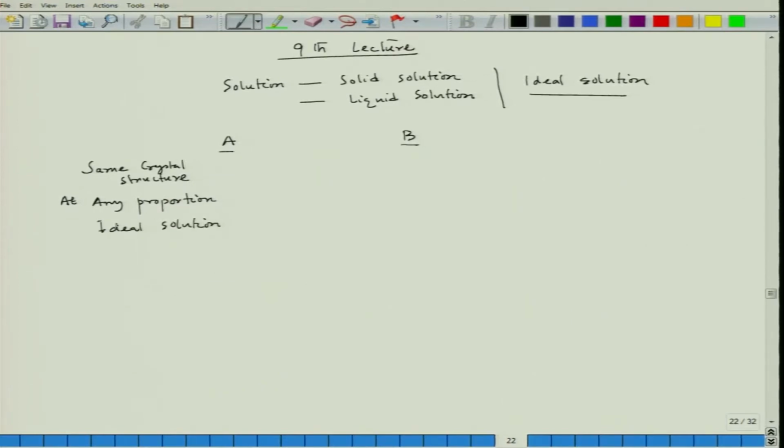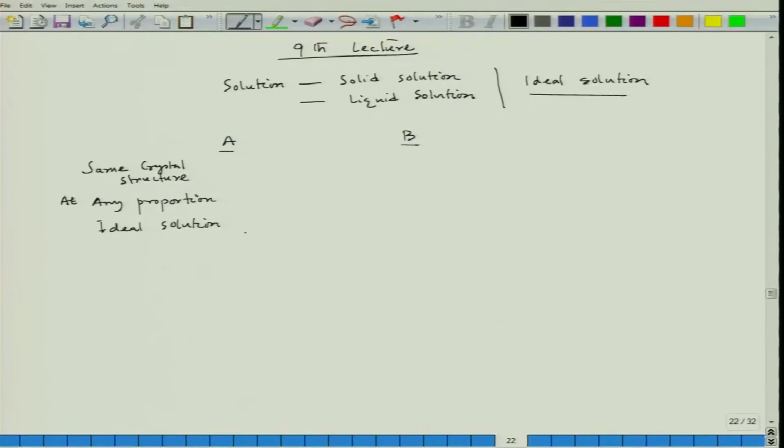Whether it is solid or liquid does not matter, but the entire concentration range will form ideal solution, which is a kind of crude assumption which cannot be true, but since we are dealing with ideal solution, for the simplicity aspect of it, we can assume that.